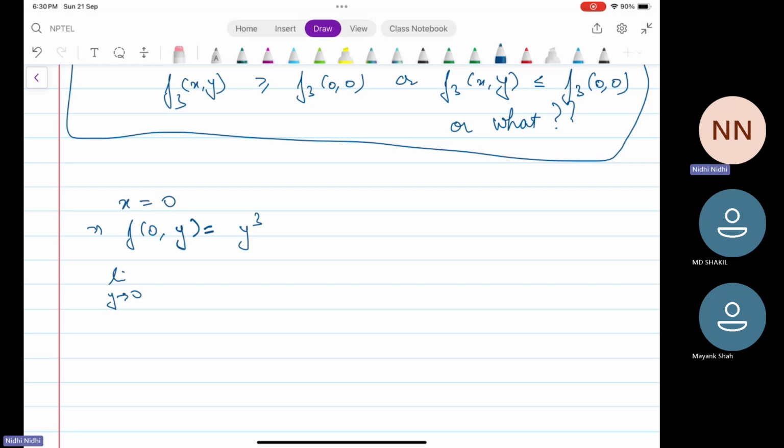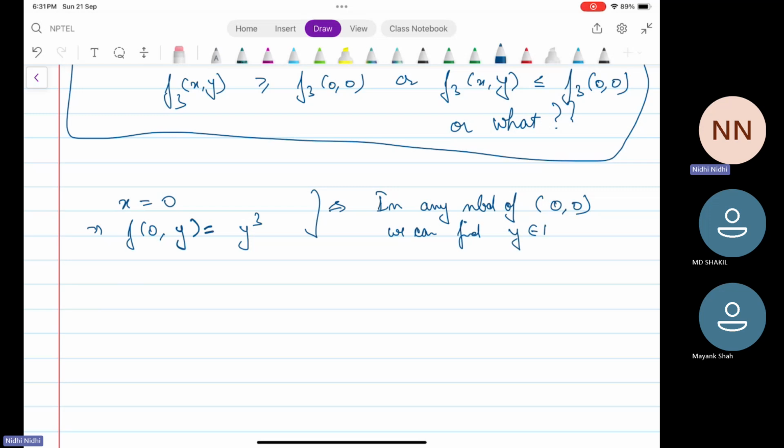Or you're talking about the neighborhood. Yes, in every neighborhood of 0, 0, we will find y which will be positive as well as negative. So in any neighborhood of 0, 0, we can clearly find points of this form.